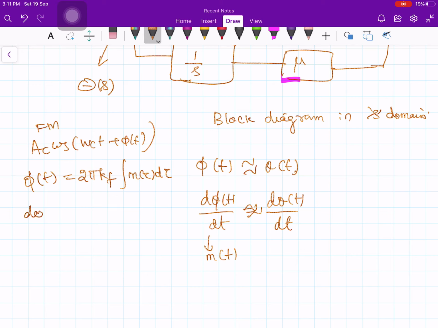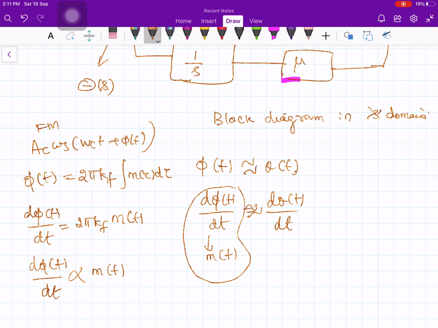What is your d phi of t by dt? It is equal to 2 pi kf m of t. That means d phi of t by dt is proportional to m of t. If d phi by dt is proportional to m of t, then this guy is also proportional to what? M of t.